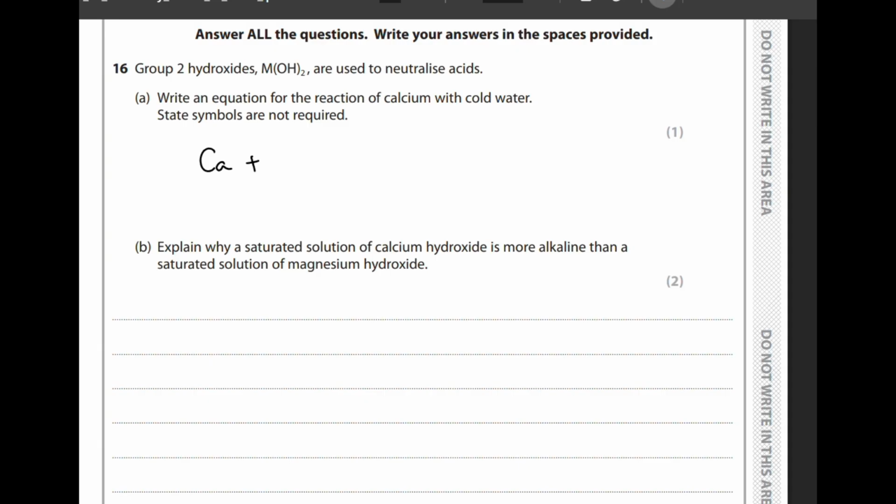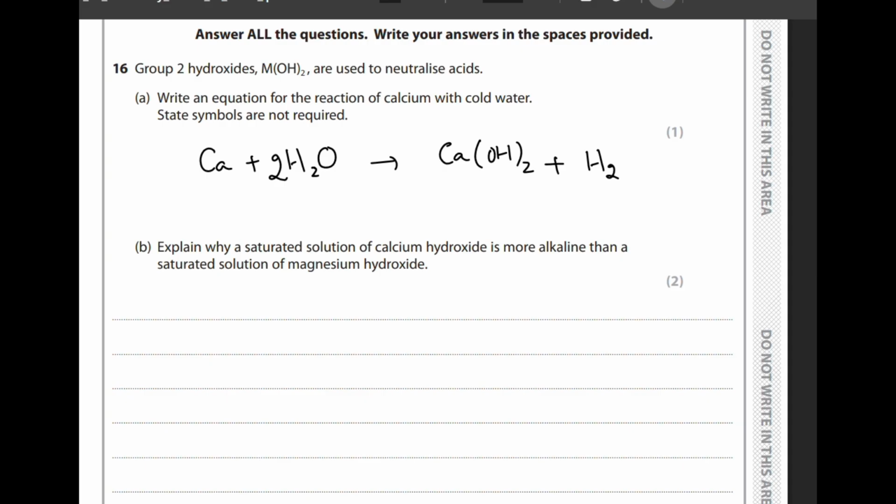So calcium reacts with water to form calcium hydroxide and hydrogen gas. You need to write the state symbols, then you will balance this equation. Okay, now move on to the next question.